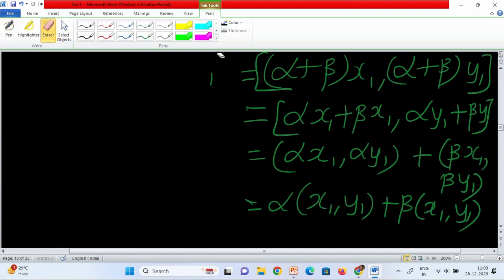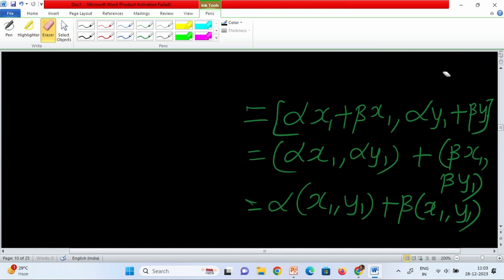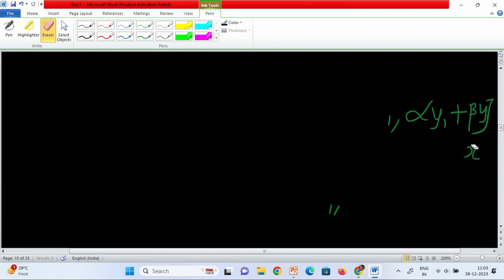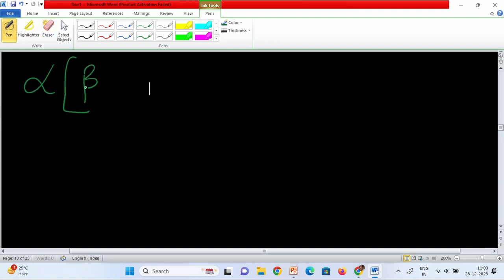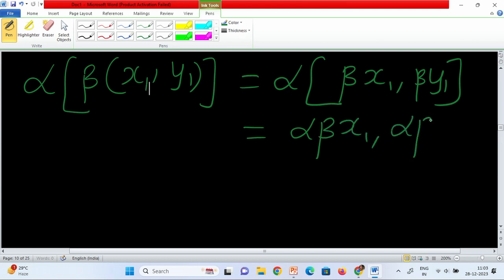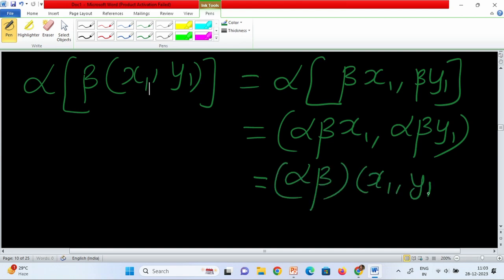The third one is alpha into (beta u) equals (alpha beta) into u. So alpha into (beta x1, beta y1) equals (alpha beta x1, alpha beta y1), which is equal to alpha beta into (x1, y1).